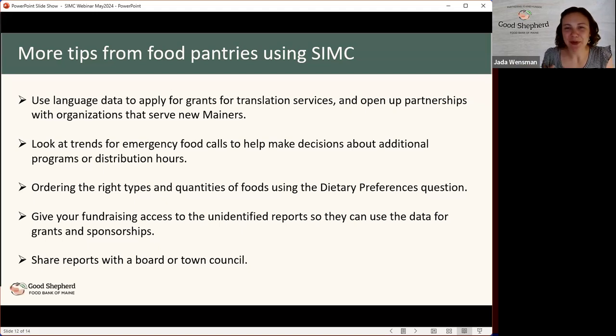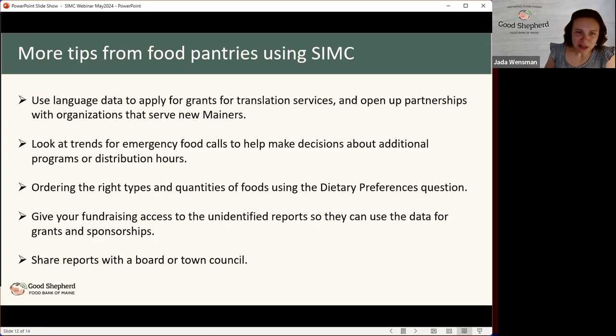Gluten-free being one example, but if you're familiar with the dietary preferences question, there's a long list, including halal, vegetarian, vegan, food allergens that someone might be avoiding, many types of foods that can help make someone's experience even better at your pantry if they can access the food that they need.